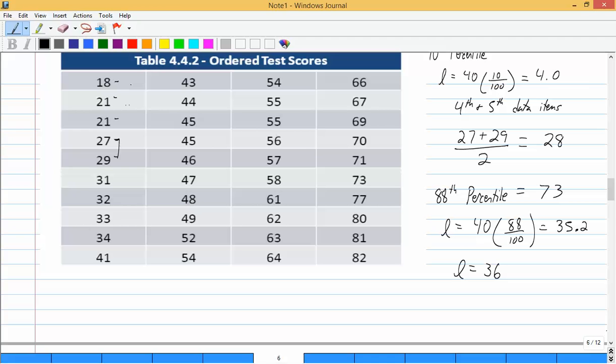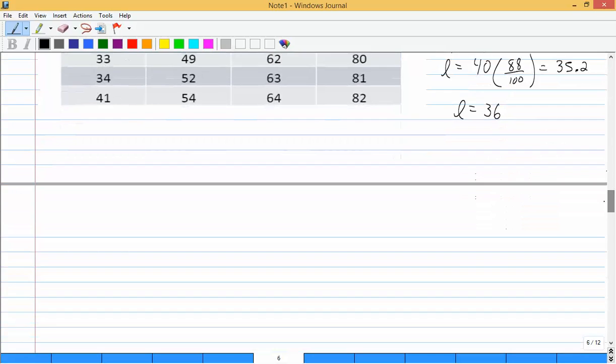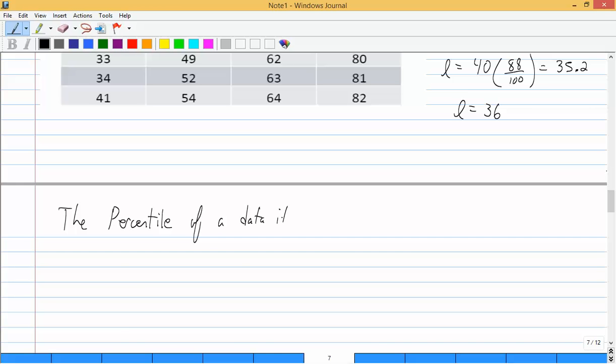Now, if you want to take a data item, say 50, and I want to know what percentile that is located at, so I want to find the percentile of a data item, then the way that we do that, let's say we want to find the percentile of x, where x is some data value.